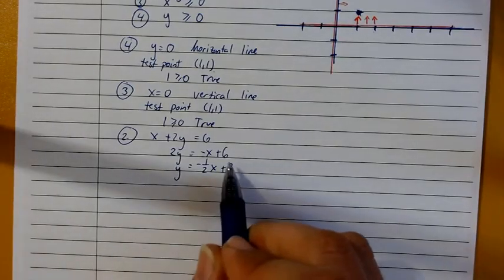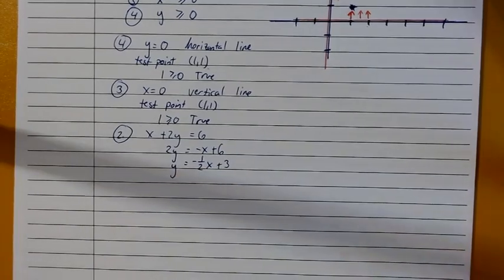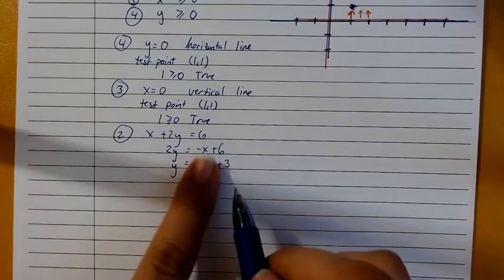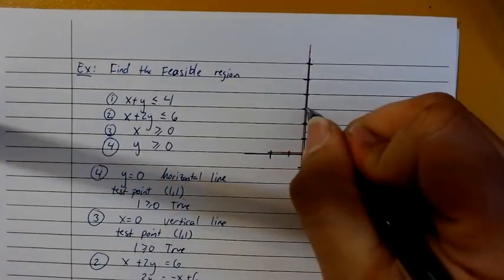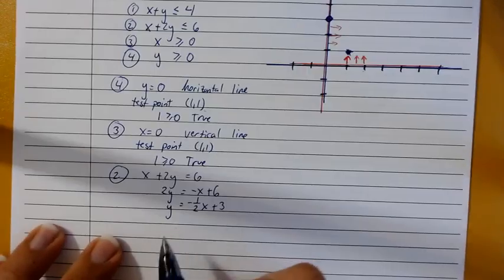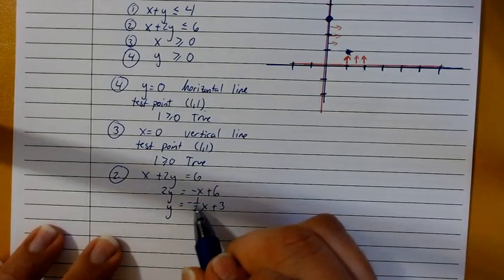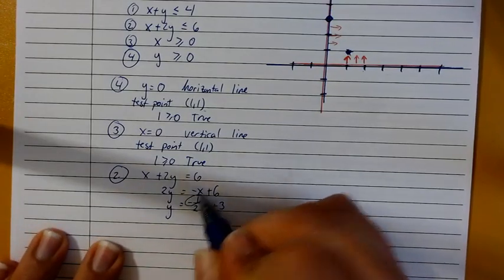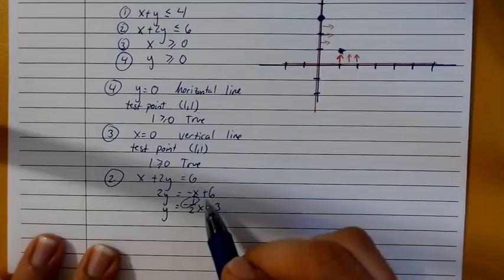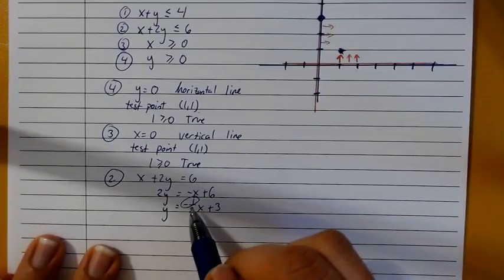So I have a y-intercept of 0, 3, because if x is equal to 0, I have y is equal to 3 right there. So we'll start with that point, 0, 3. And then we have a slope of negative 1/2, which is negative 1 over 2. That negative 1 tells me from this point I'm going to go down 1, and then that's a positive 2, which tells me to go to the right by 2.